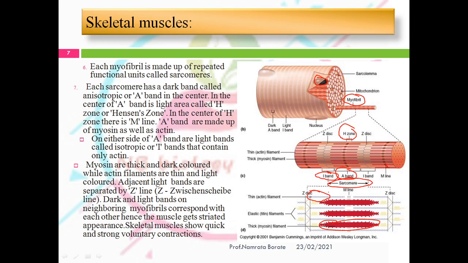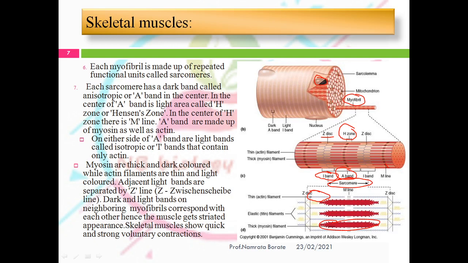The adjacent light bands are separated by the Z line. So in between these light bands there is the Z line, which is present in the middle of the I band.